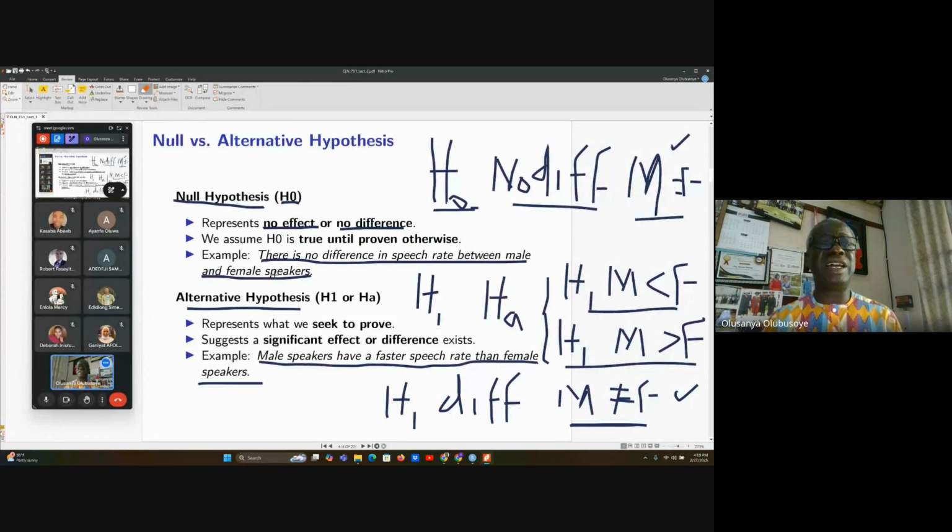That implies that we have rejected this hypothesis when in actual the hypothesis is true. So if we conclude that there is a difference when in actual fact there is no difference in this hypothesis, then we are saying that we have committed type 1 error.